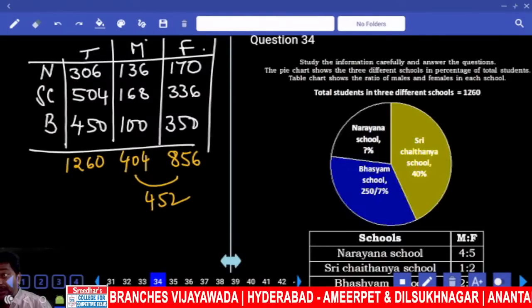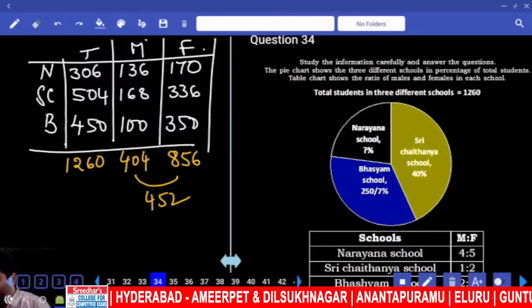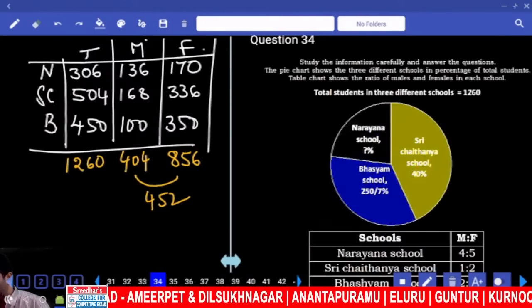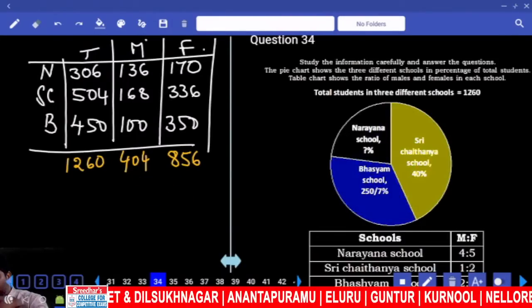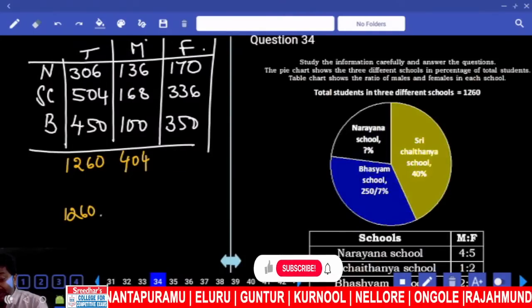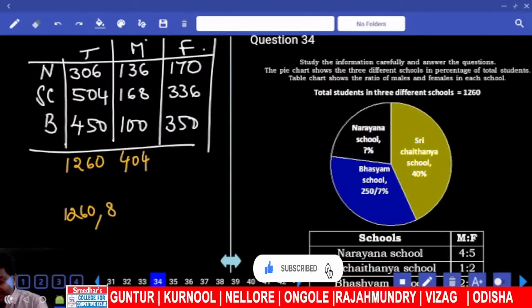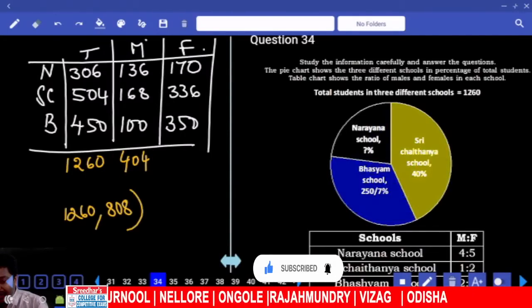And you know, without calculating the number of female also we can answer the question. Do you know it? Yes or no? How to do that? Difference between total, comma, 2 times of male, which is equal to 808.